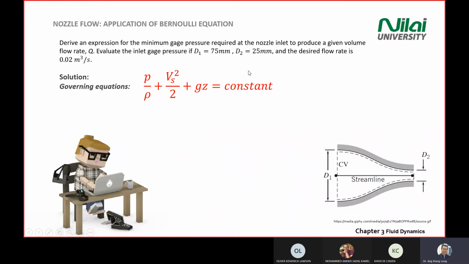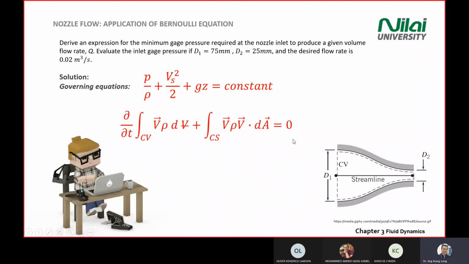If you multiply by mass, half mv square equals the kinetic energy. And then gh, when you have mgh, you get the potential energy. Then this equals a constant.